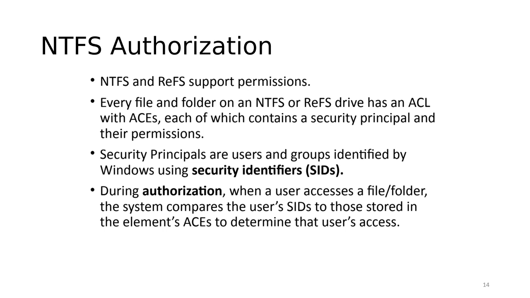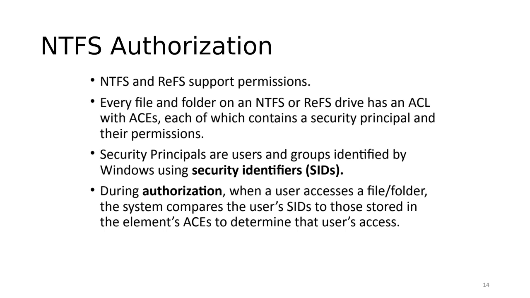Now we will go to NTFS and ReFS support for permissions. Every file and folder on NTFS, the file system type on Windows, has an ACL with ACEs, access control entries, each of which contains a security principal and their permissions.